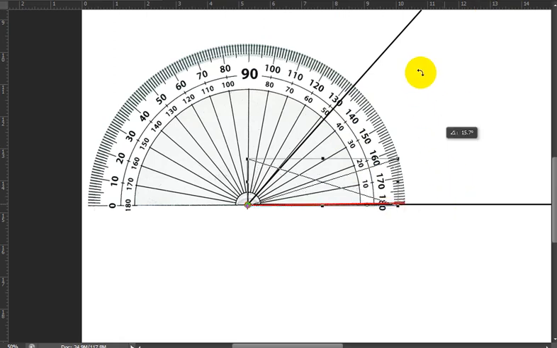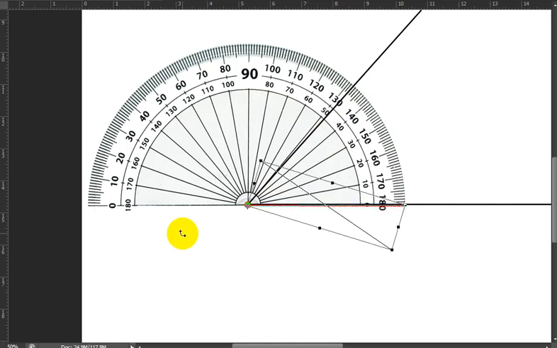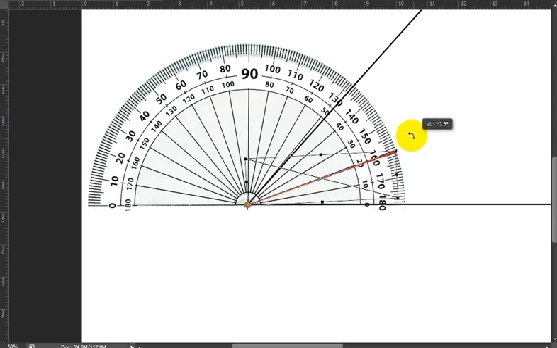Now, we want to measure how much this is. So since I'm starting on this side, I'm going to start counting from 0 to see where it goes. It's going to go 10, 20, 30, 40. Then if I go to 50, I pass it, so not 50.